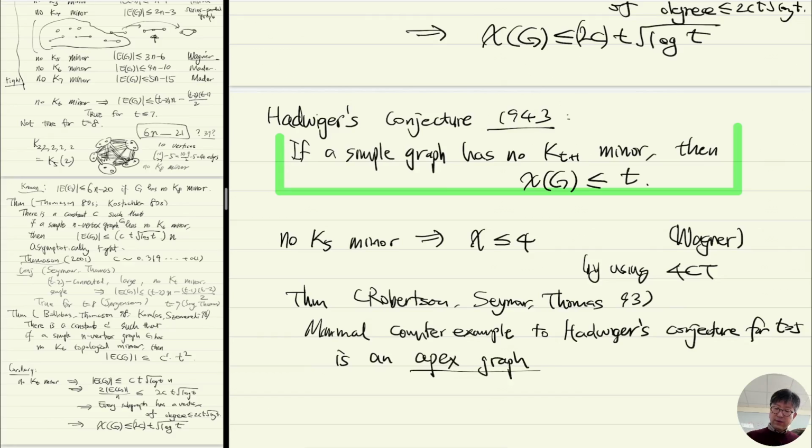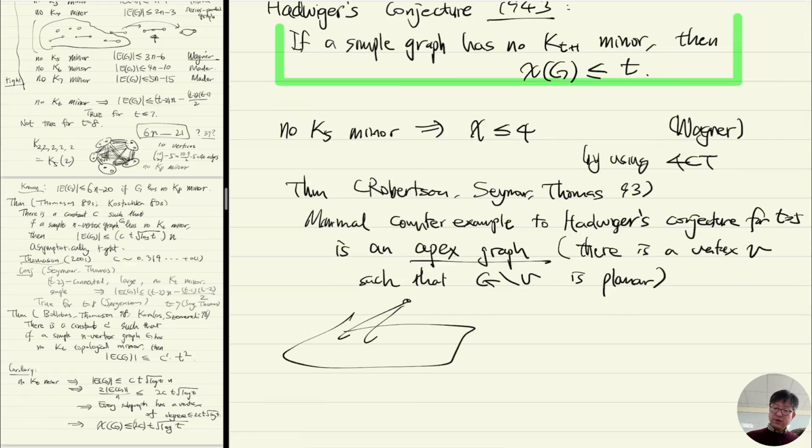What is an apex graph? It means that there is a vertex v such that G minus v is planar. So they proved that any minimal counterexample to Hadwiger's conjecture for t equal to 5 is an apex graph, so you have a vertex whose removal makes the graph planar.